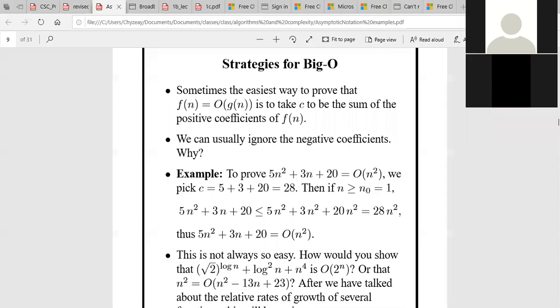Today, our area of focus is actually on the strategies. What we want to understand is the strategy for understanding and growing these functions.